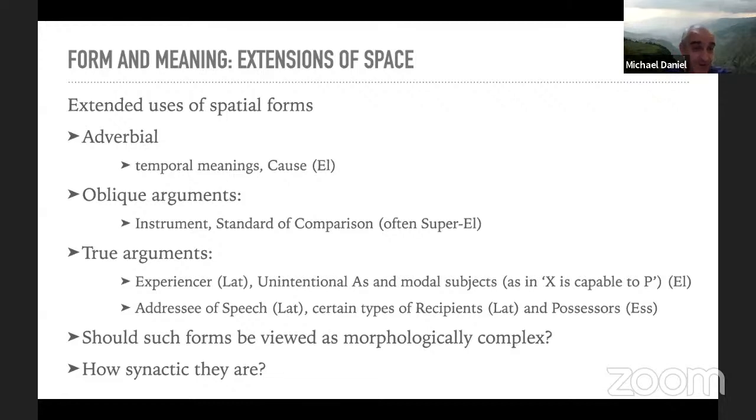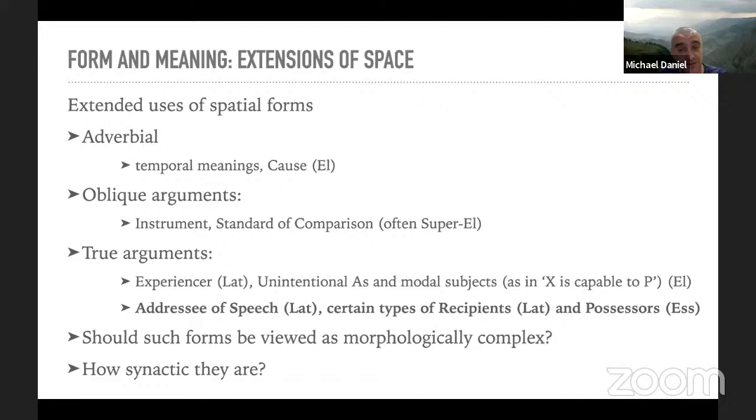But this is something that I want to question in the small rest of my time. Should all such forms be viewed as morphologically complex or simplex, and how syntactic are they actually? I will focus on certain types of recipients and possessors, and maybe we'll come in the end to accuracy of speech, but maybe not. We will see how lucky I am.